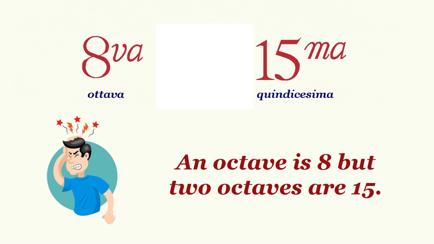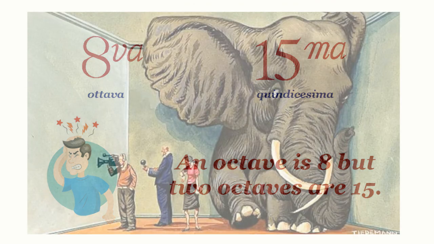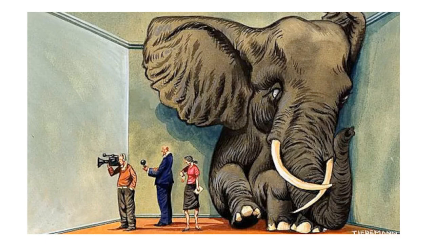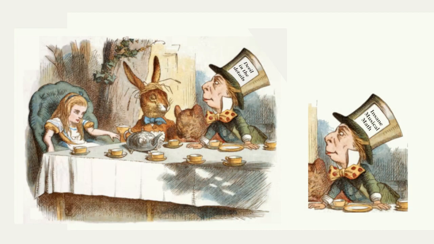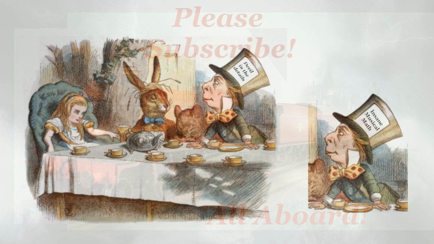That long word is simply the Italian name for 15th, meaning up 15. But if an octave is 8, I thought the 2 octaves should be 16. And that is when I started thinking about insane musical math. That was the first time I noticed the elephant in the room. That is the first time I realized that when we start examining insane musical math, we are in a tea party with the Mad Hatter.